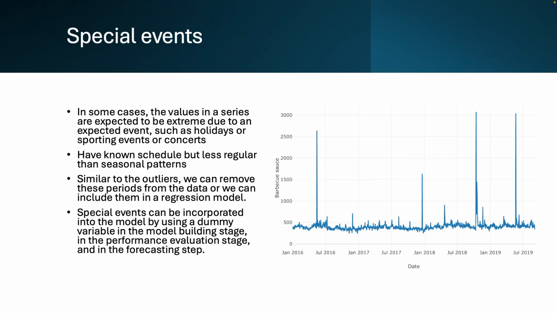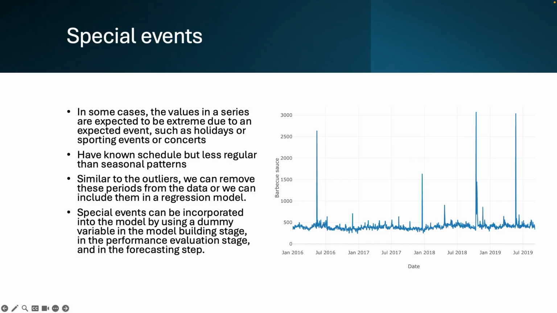So how to deal with this? As with the outliers, we can choose to remove these periods from the data and model them separately if you have sufficient instances of the same event. If you have sufficient data for the same event, you can just model them separately, or you can include them in the regression model again.